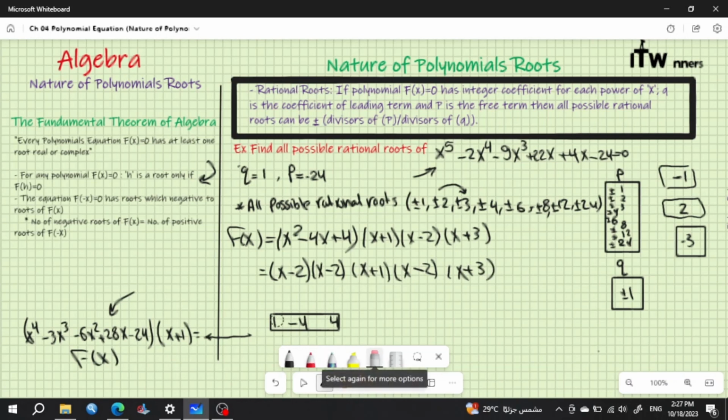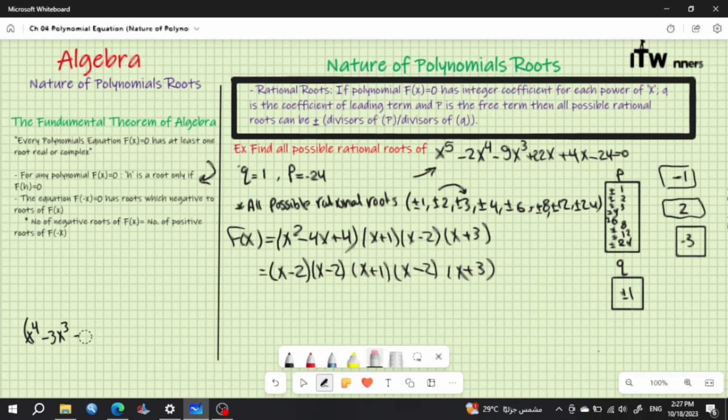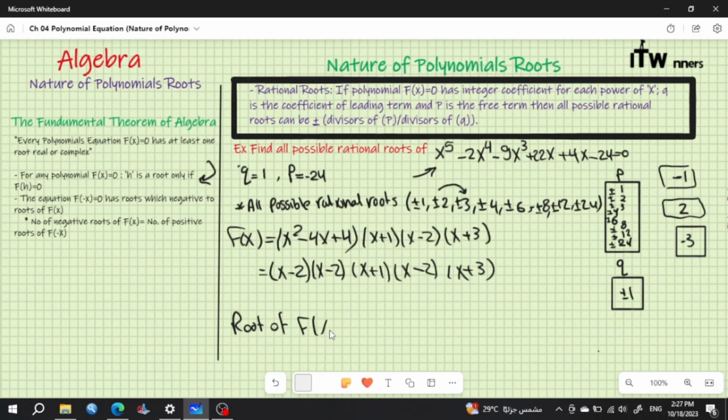Then all roots of this equation are roots of f of x. Here are x equal to 2, x equal to negative 1, x equal to negative 3.